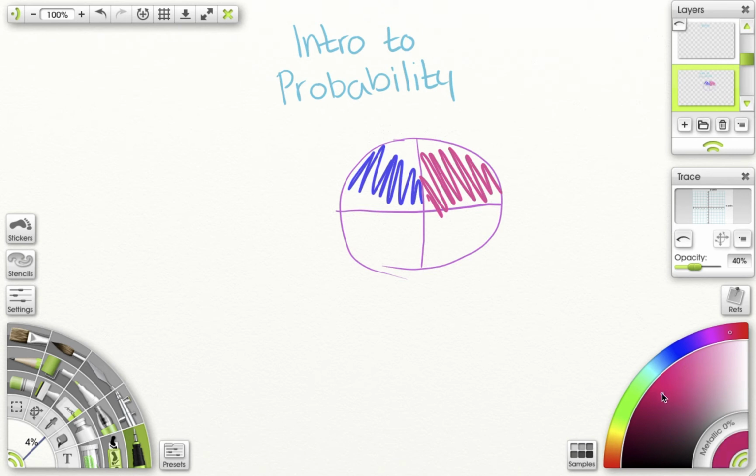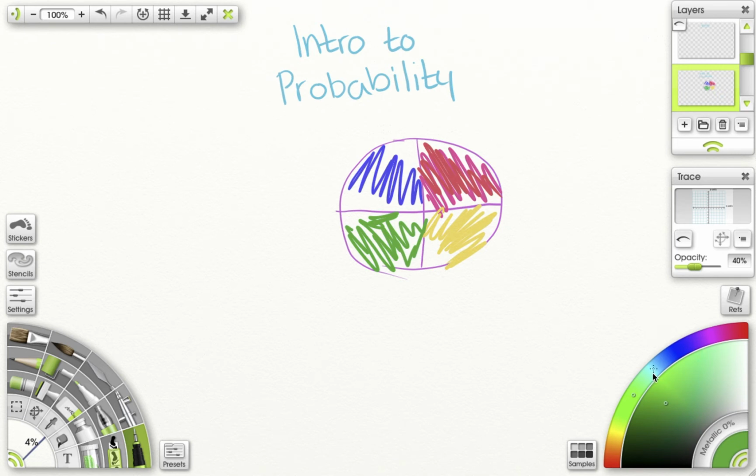So that's supposed to be red, and we have our last color here. So what I'm trying to do is figure out the probability of my paper clip or an arrow landing on a certain color.